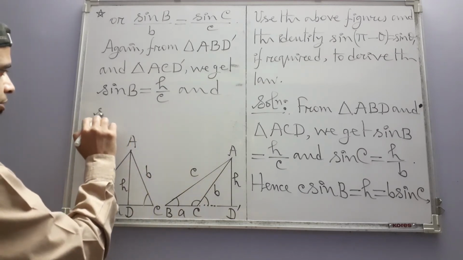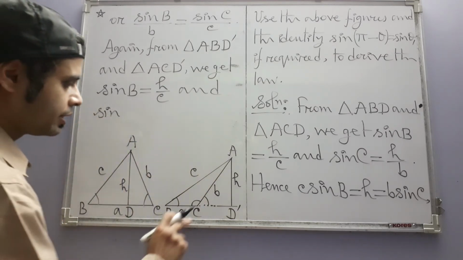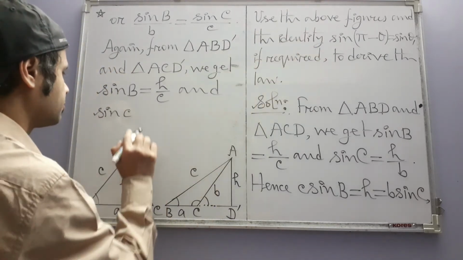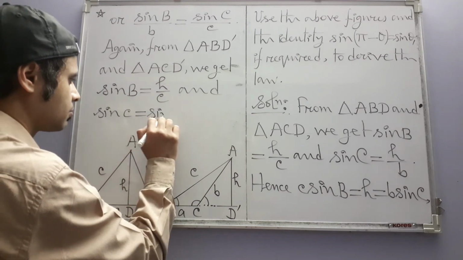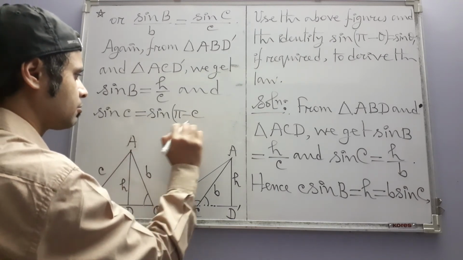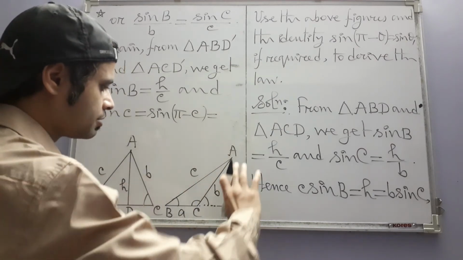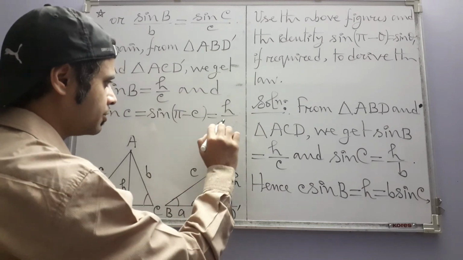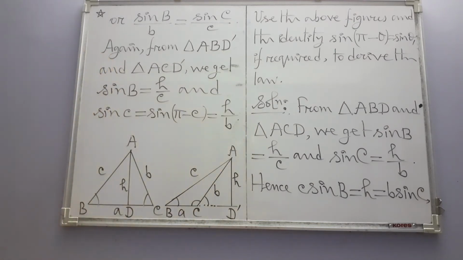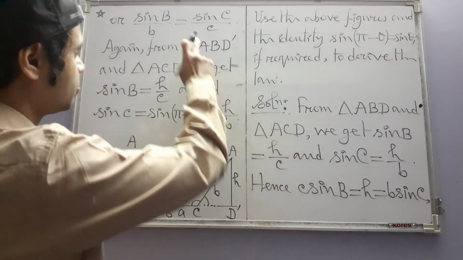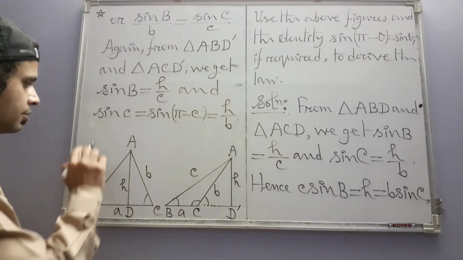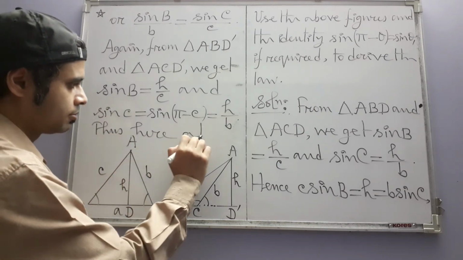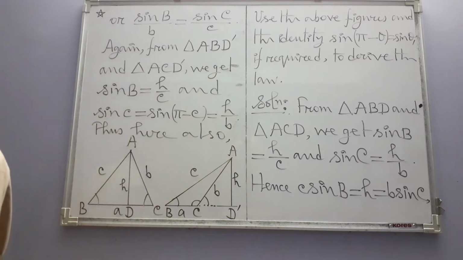From this one we actually will get sine pi minus C, but that is equal to sine C. And that equals again perpendicular h divided by hypotenuse b. So you can see that again you are going to finally get this. Thus, here also, let me continue like this.